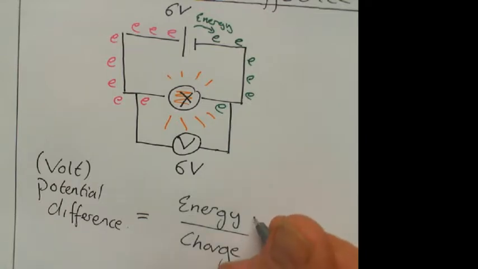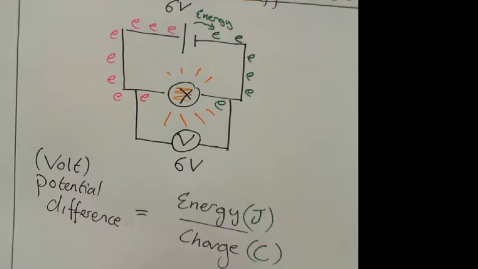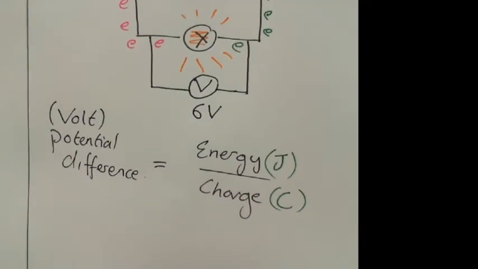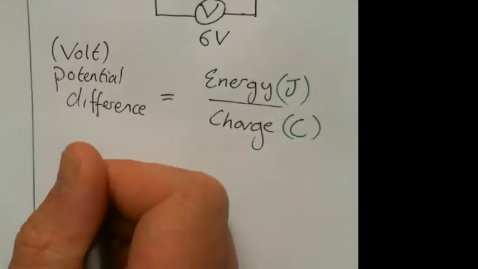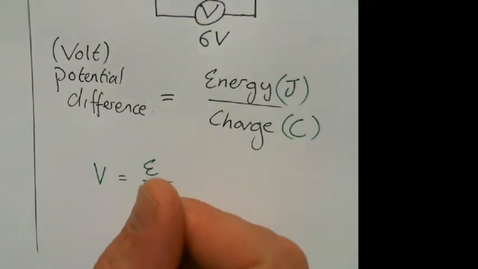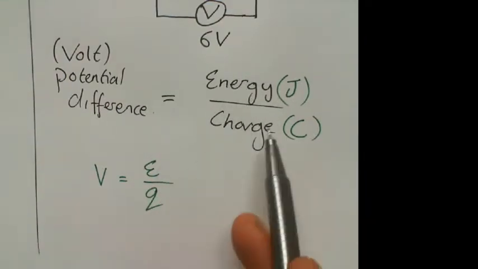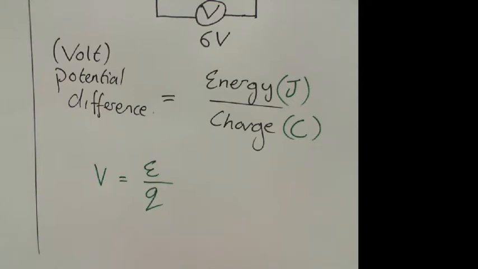And the units for energy are joules, and the units for charge are coulombs. And if we wanted to write that out in an equation, we would write V equals E over Q, where E is the energy, Q is the charge, V is the potential difference. So energy per unit charge.